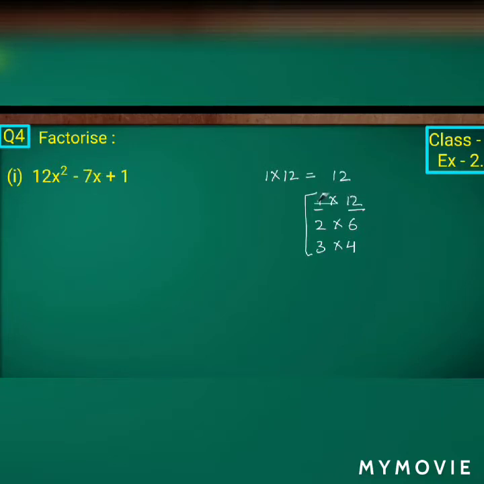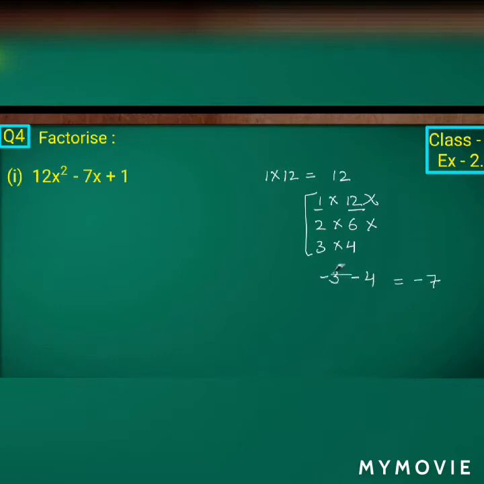No. Suppose we take the terms 3 and 4, then minus 3 minus 4 gives minus 7. The factors of 12 should give the value minus 7 in their addition or subtraction. Suppose I take minus 3 minus 4, which gives minus 7, and the product should give 12.